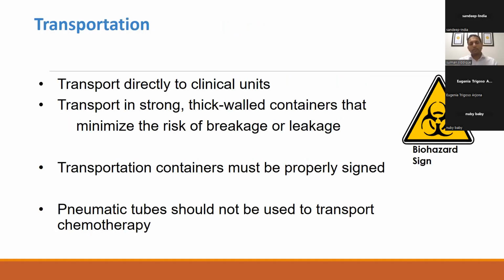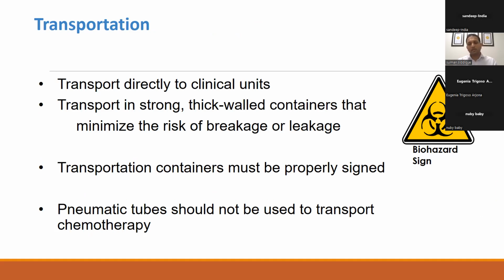For transportation, your chemotherapy should be transported directly into the clinical units. And it should be transported in a strong, thick-walled container that minimizes the risk of breakage or leakage. If it breaks or leaks, then you're contaminating the environment with the drug.